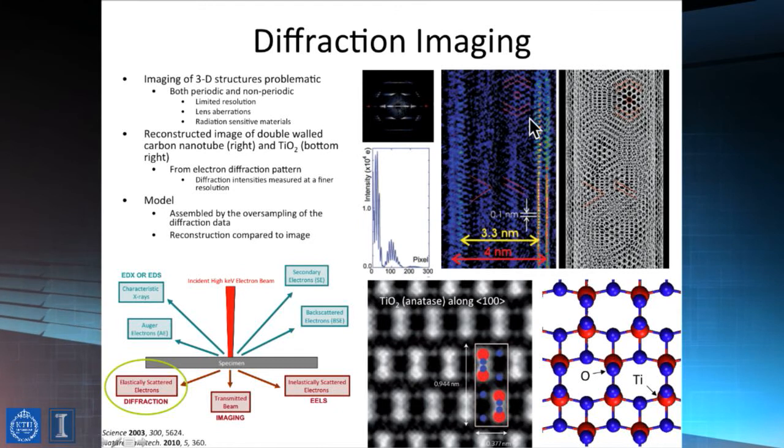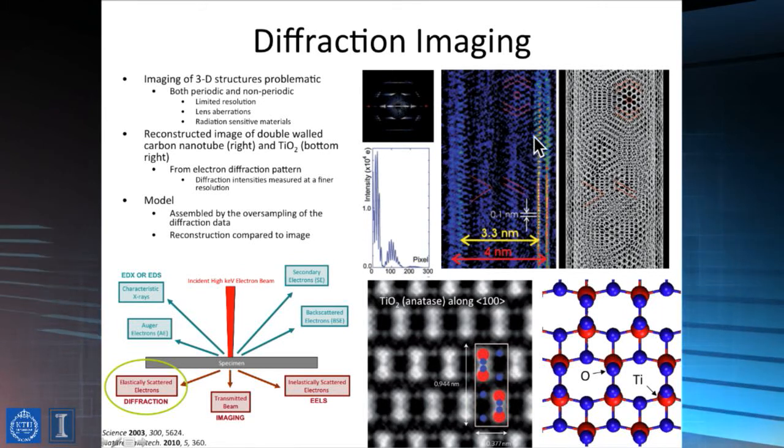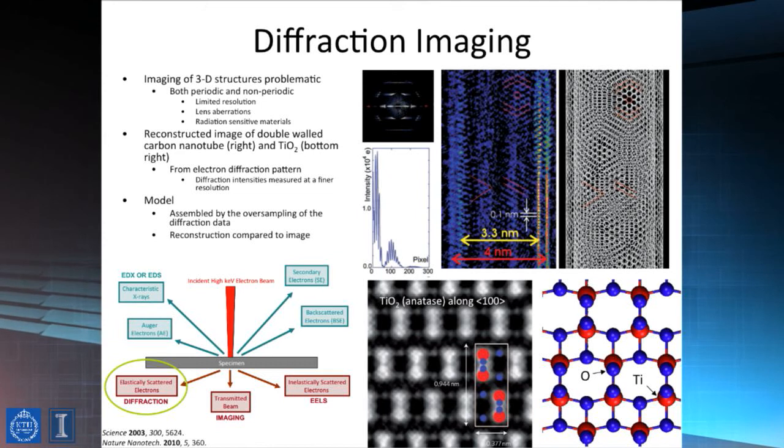This is one of the early examples of this kind of coherent imaging, where this is a diffraction pattern, and what's recovered from this is the atomic structure of a double-walled carbon nanotube, and the components that you're seeing called out actually show what the local helicity, chirality, and overlay of the hexagonal meshes of the two carbon nanotubes are, right?